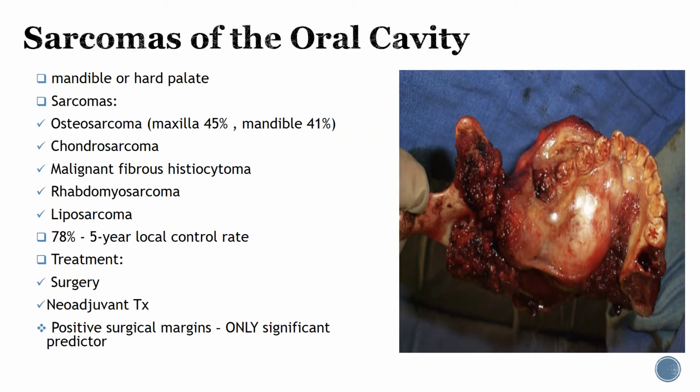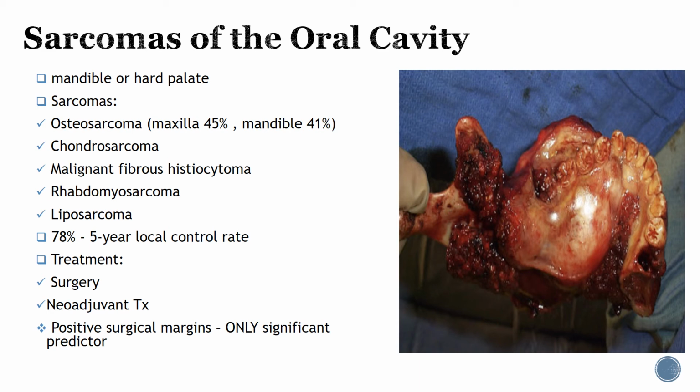The sarcomas of the oral cavity usually arise in the mandible or hard palate and include osteosarcoma, chondrosarcoma, malignant fibrous histiocytoma, rhabdomyosarcoma, and liposarcoma. Patients present with osteosarcoma within the maxilla and mandible with approximately equal frequency of 45 to 41%.